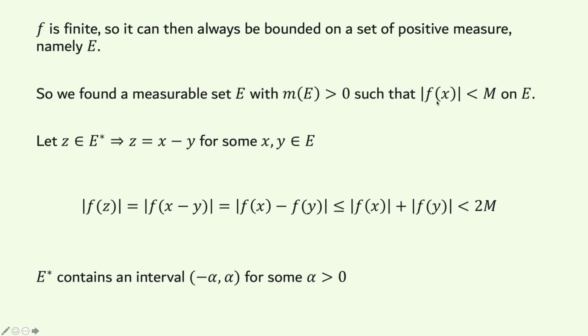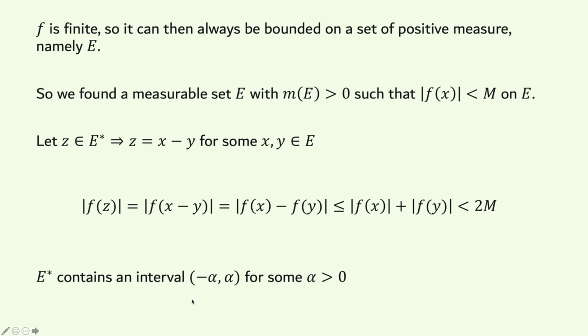And using the triangle inequality, we have that the modulus of f of x minus f of y is smaller or equal than the modulus of f of x plus the modulus of f of y. Because we're in this measurable set E, and we know that f is bounded on E, the modulus of f of x is smaller than m, and the modulus of f of y is smaller than m, and so the modulus of f of z is strictly smaller than 2m.